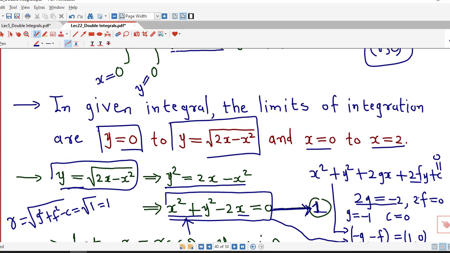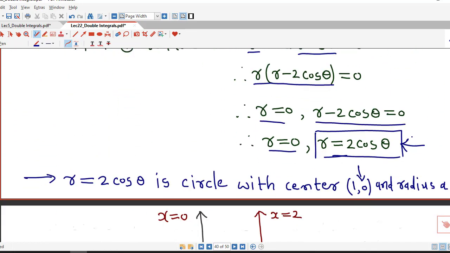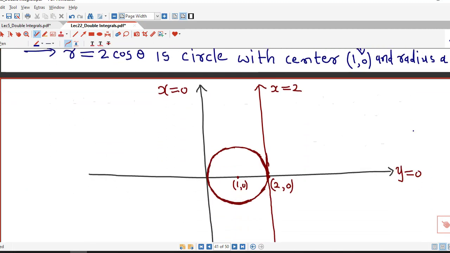Now we try to sketch the region of integration. We have the other lines: x equal to 0, the y axis; y equal to 0, the x axis; and x equal to 2, a vertical line parallel to the y axis. Here we have already sketched this circle.